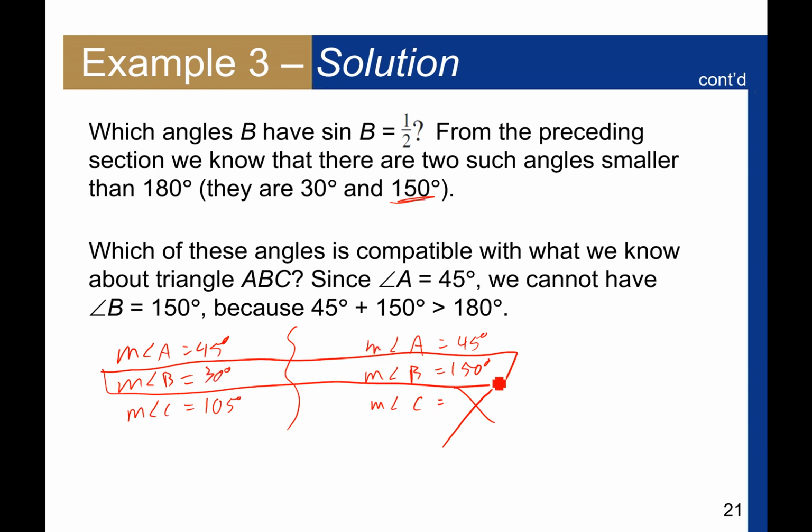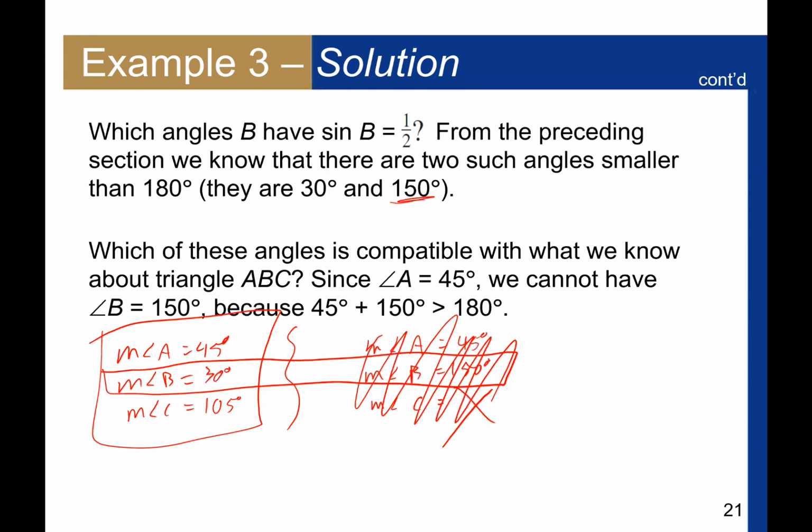Now, sometimes, like in this case, the supplementary angle tells us that's impossible. We have just one set of solutions. With our triangle angle sum theorem, that'll tell us the missing angle measure. And then we can use the law of sines again to find that one missing side length.